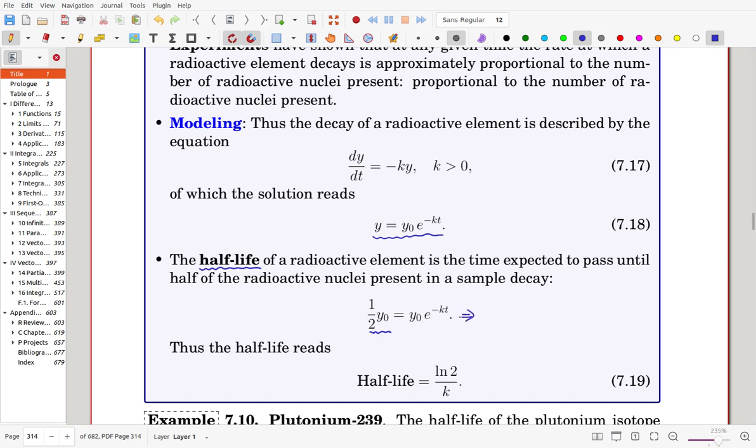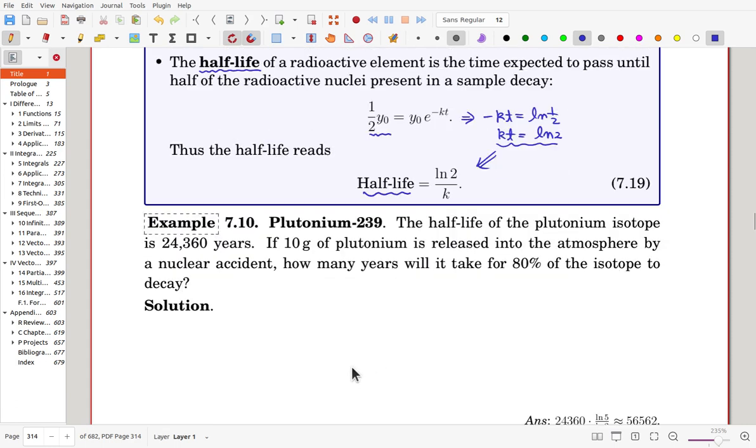So y0 can be cancelled and now apply a logarithm. Then minus kt is the same as the logarithm of a half. So kt equals the logarithm of 2, and t equals the logarithm of 2 divided by k, we reach the half-life. If we know k, then we can decide the half-life.